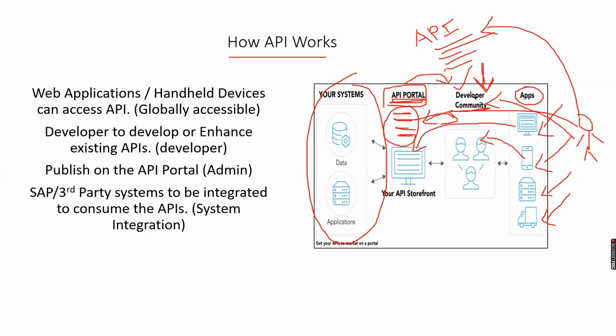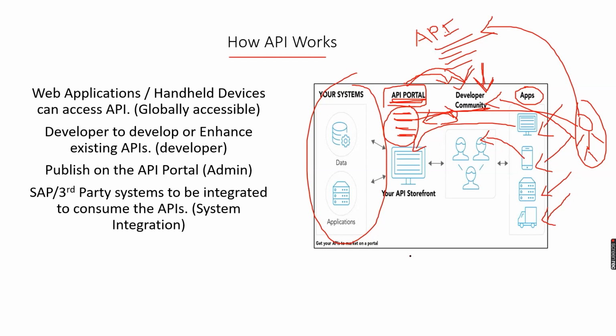You will not give the entire database to them, right? Here it is the same thing. This API portal has all the information, but whatever information this user wants, they expose only that information to the developer portal, not the complete API portal. Only whatever the user wants, only that information they will publish into the developer portal.